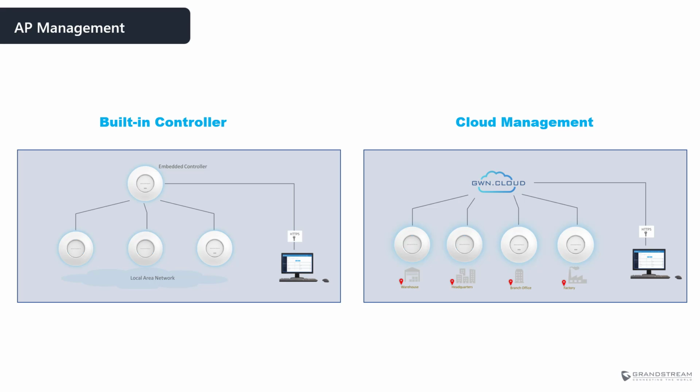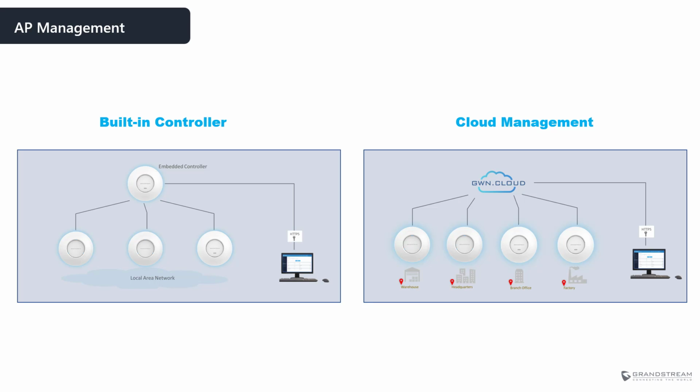So when it comes to the management of the access points, there are two ways you can manage the access points. All GWN access points come with a built-in controller that allows you to manage up to 50 access points in the same local area. And the way you enable the built-in controller on the access point is basically the first access point that you connect to.